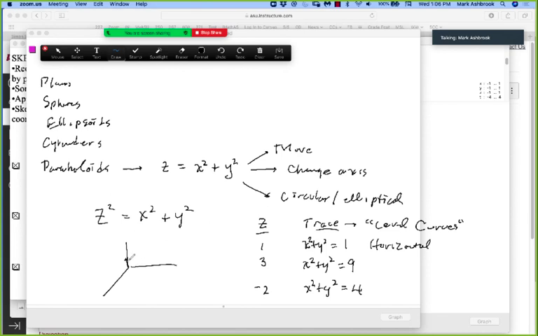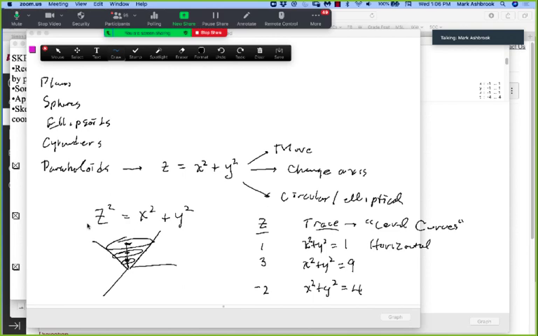So if z is 1, radius 1. Z is 2, radius 2. Z is 3, radius 3. So that makes a different kind of shape than our paraboloid. How is it different? It's a cone. Yeah, so you have a linear relationship of z and r forming the cone.